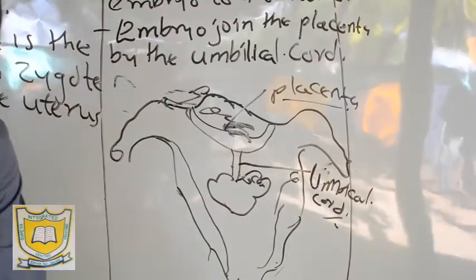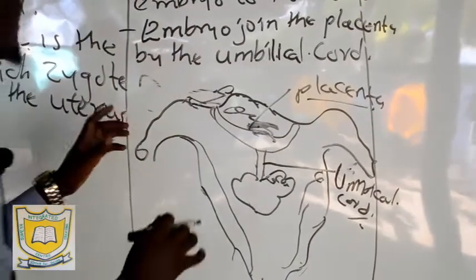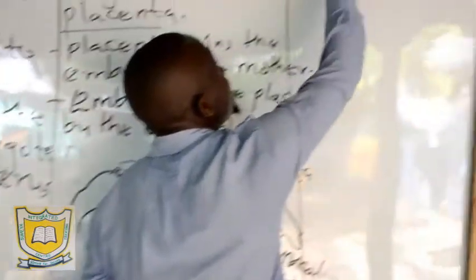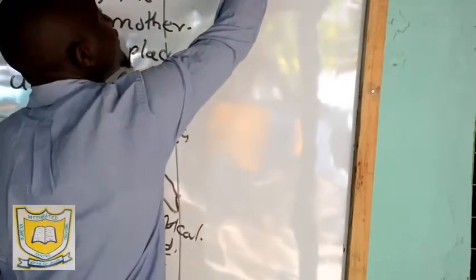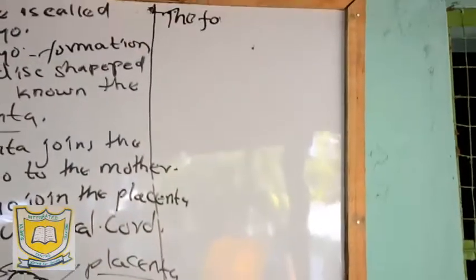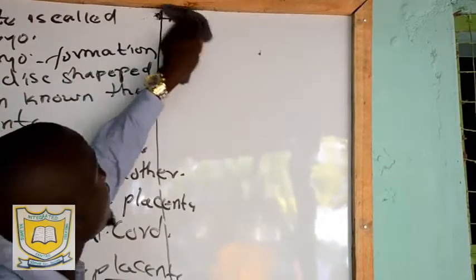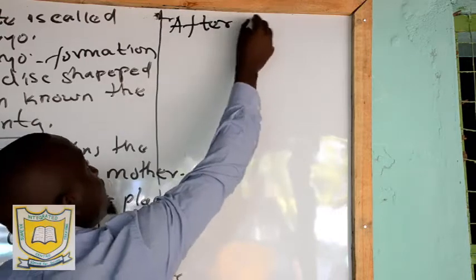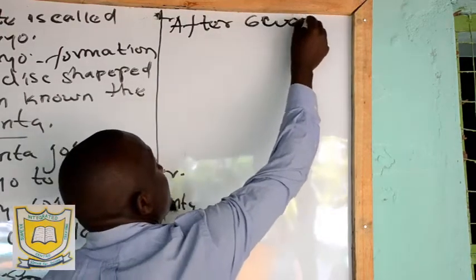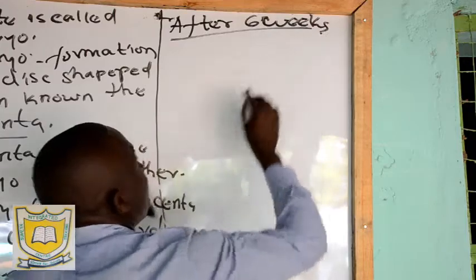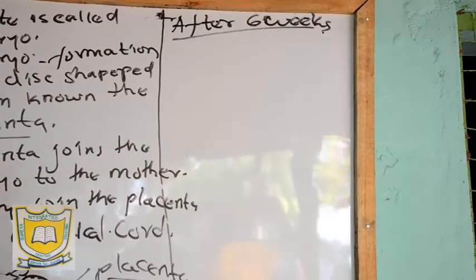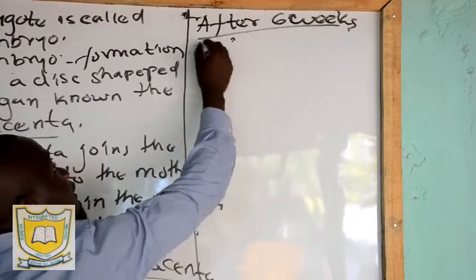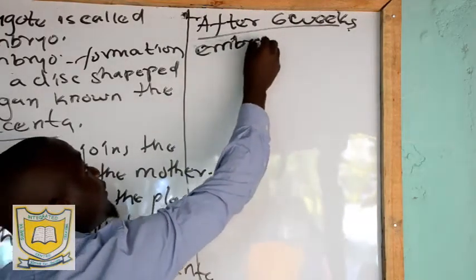Now after that, we talk about the fetus being surrounded by a liquid. After 6 weeks, the embryo develops most of the important parts.